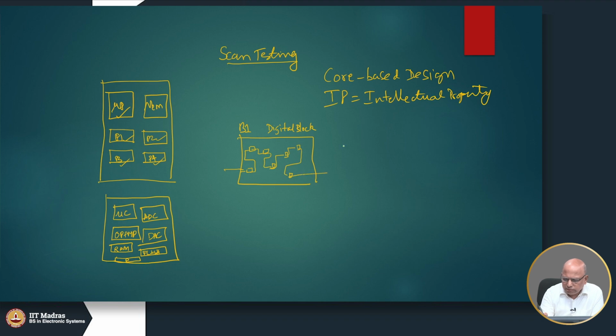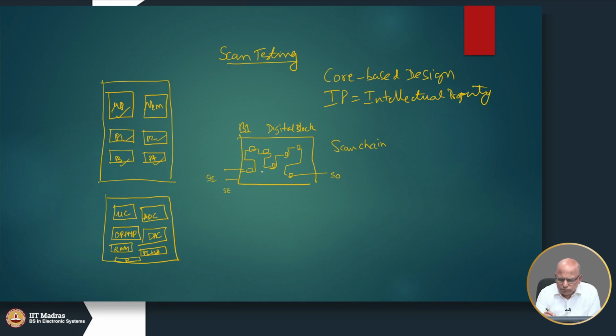So, scan chain refers to this: a scan input pin, a scan output pin, and remember how there is a shift register that gets implemented when the scan enable is high. This thing is known as a scan chain.